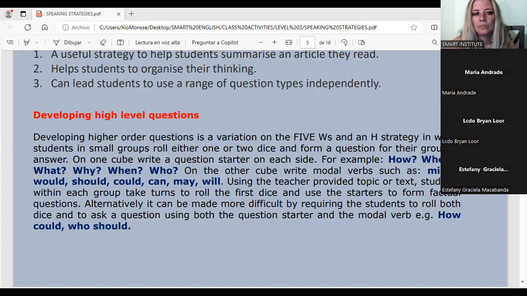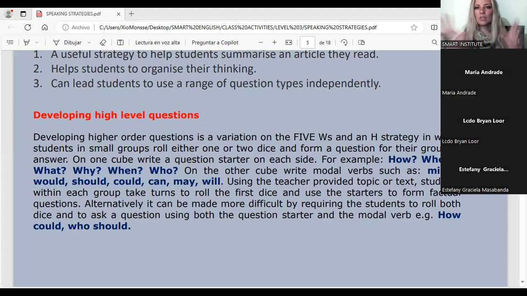Students within each group take turns to roll the first die and use the starters to form factual questions. Alternatively, it can be made more difficult by requiring the students to roll both dice and ask a question using both the question starter and the modal verb, e.g., how could or who should.